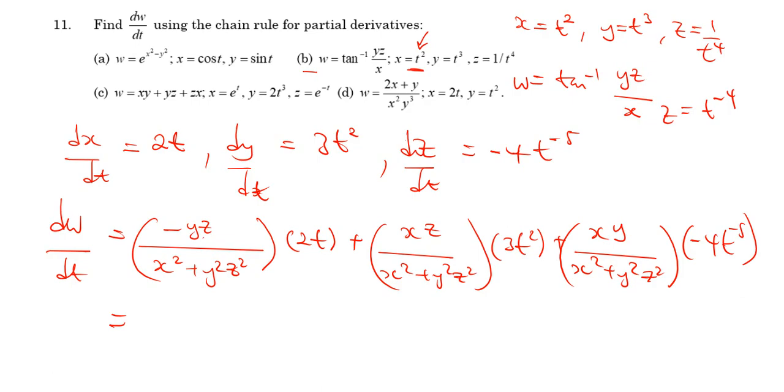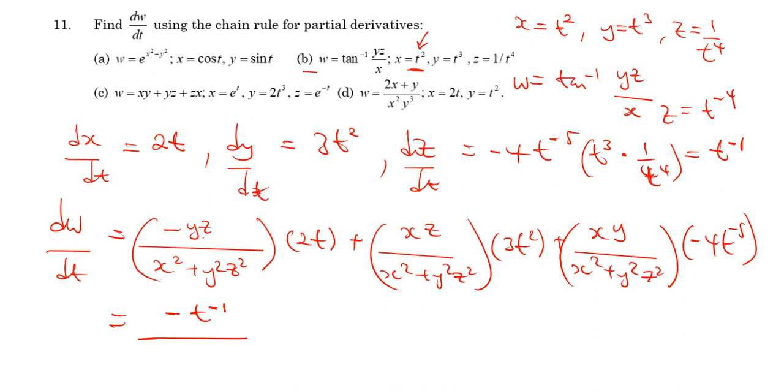My y is t cubed, multiplied by 1 over t to the fourth. This just gives me 1 over t, which I can write as t to the negative 1. Then the negative sign will follow, so this will be negative 1 over t, or negative t to the power negative 1. Then down there, the x squared, I replace there, so I have t squared.